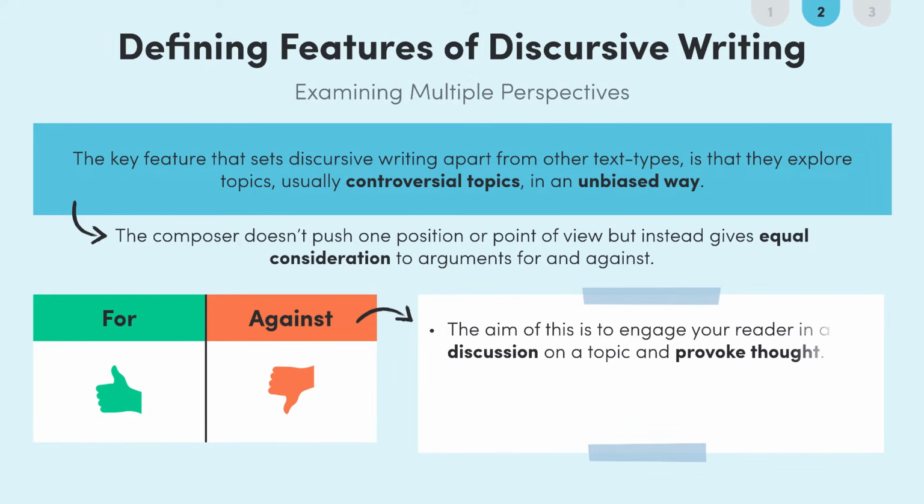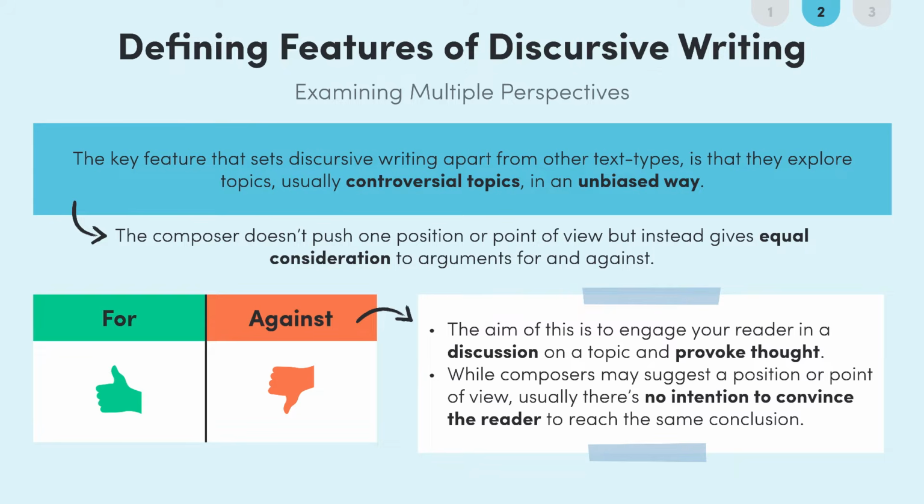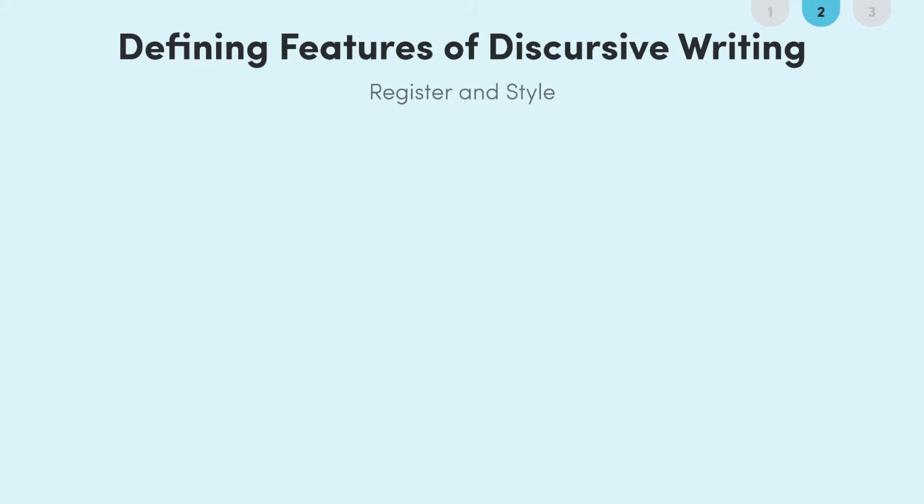The aim of this, and of discursive texts in general, is to engage your reader in a lively discussion on a topic and provoke thought. Basically, they just want their audience to think. While composers may suggest a position or point of view, usually there's no intention to convince the reader to reach the same conclusion.